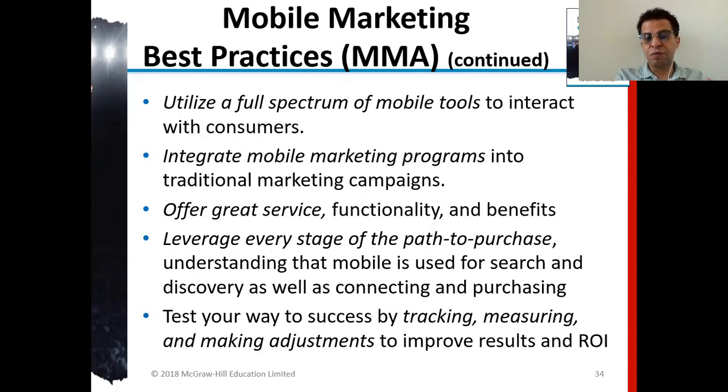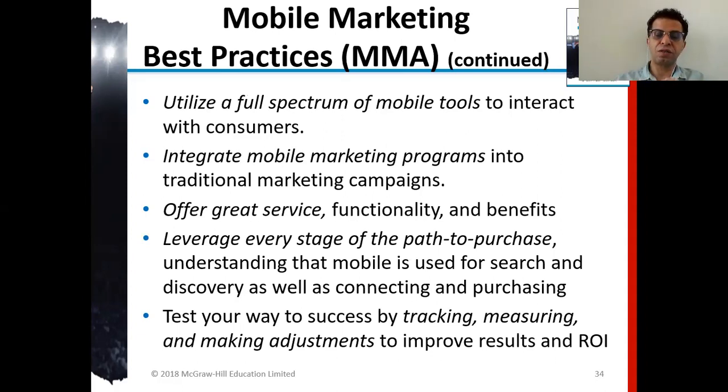Also utilize a full spectrum of mobile tools to interact with consumers. Integrate the mobile marketing program into your traditional marketing campaigns, so you want to make sure it's integrated and moves accordingly. Offer great services, functionalities, and benefits.